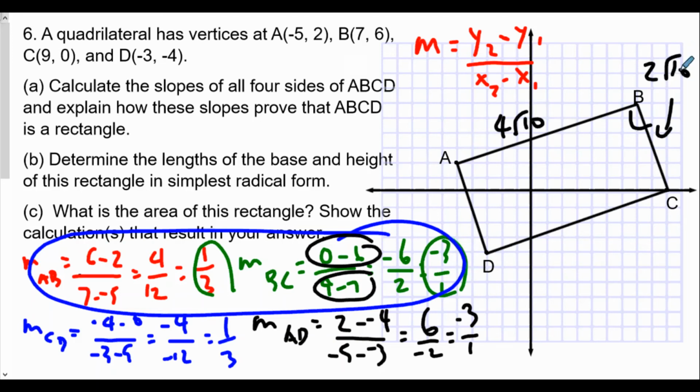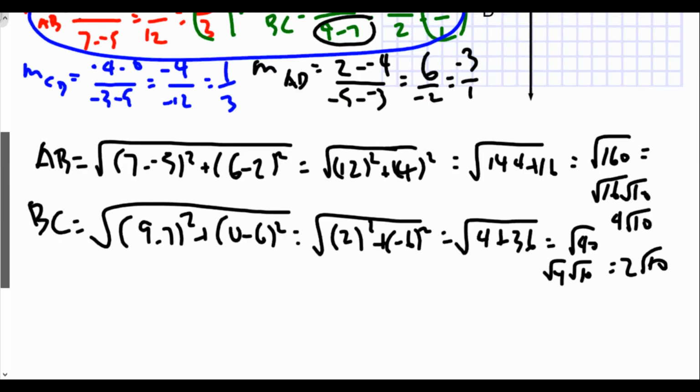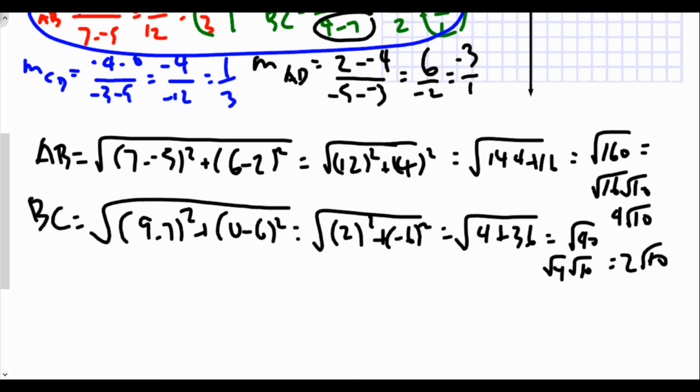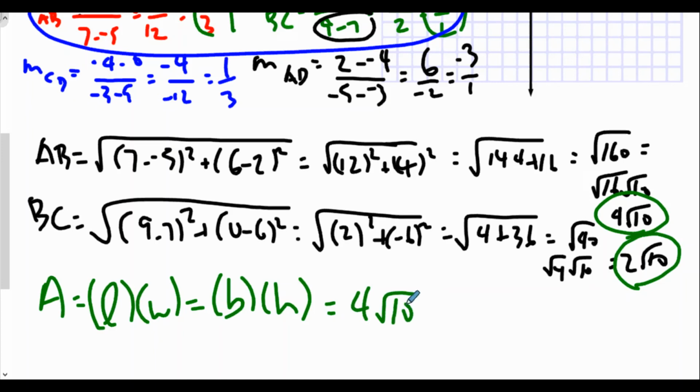Now the area of our rectangle. We have our base, the length 4 square root of 10, and our width 2 square root of 10. The area is equal to length times width, which is the same as base times height, so 4 square root of 10 times 2 square root of 10.